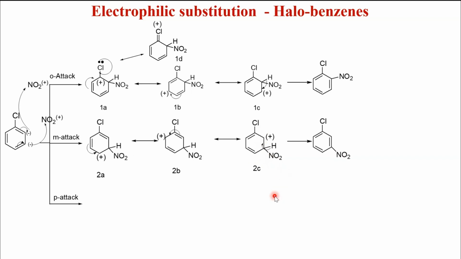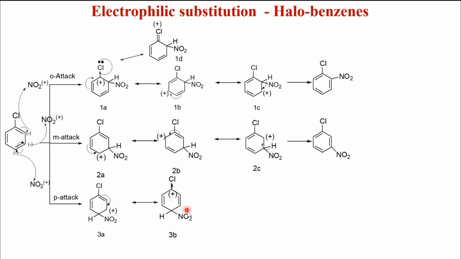Let us look at when it attacks at the para position. The pi electrons can move towards the para position and a carbanion is formed. This attacks the nitronium ion and gives substitution at the para position by the nitronium ion, creating a positive center at the meta position. To satisfy this positive center, the pi electrons move to the next position and give rise to a positive center on the carbon to which the electron withdrawing group, chlorine, is attached.